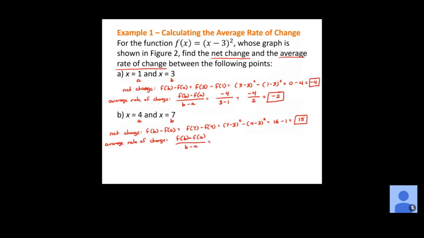Again, we already calculated the net change, which is the f of b minus f of a. That gave us 15. And now b minus a is just going to be 7 minus 4. Simplifying that now gives us 15 over 3. And 15 divided by 3 is just 5. And so our average rate of change, or the slope of the secant line between 4 and 7, is going to give us 5.